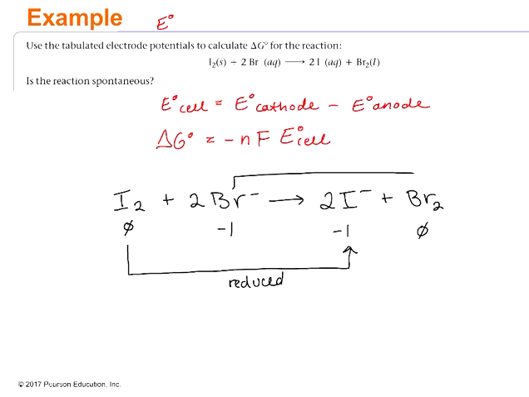And then bromine, its oxidation number starts out at -1 and goes to 0, so is it losing or gaining electrons? Losing electrons. It's becoming more positive. So is that oxidation or reduction? Oxidation. All right, great.